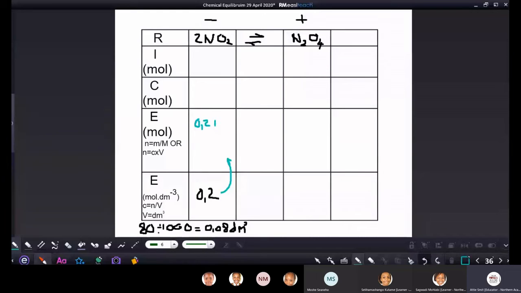Let me just rewrite that one clearly. So it's times 0.08, and the answer is 0.016. Everybody happy with that? All right. Now we go up and quickly look here.